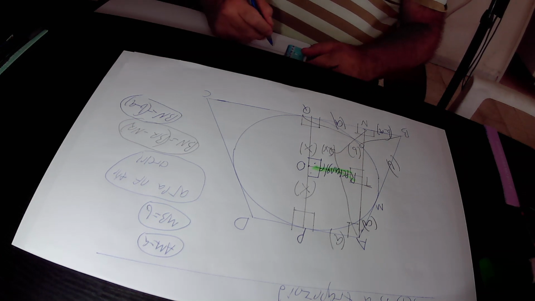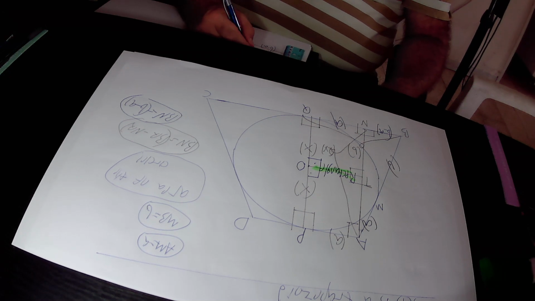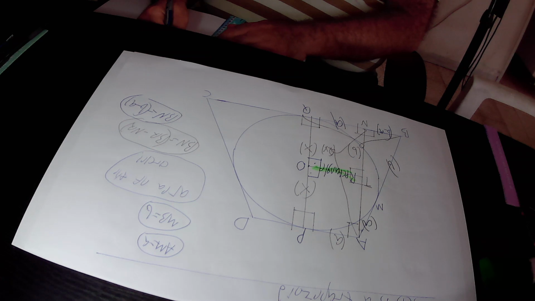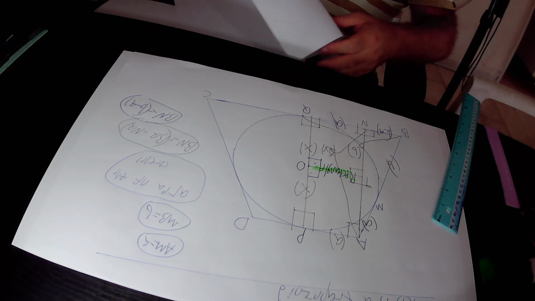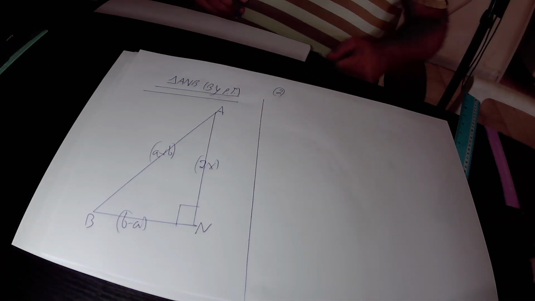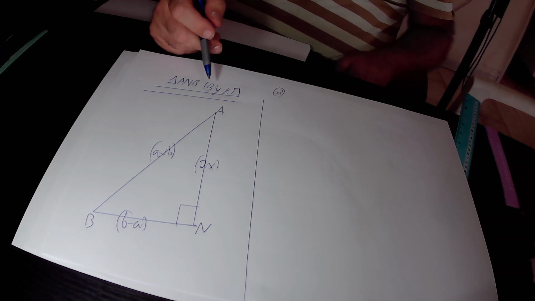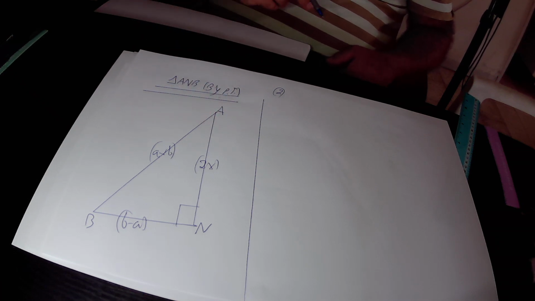Side NB equals b minus a units in its length. And the hypotenuse AB equals a plus b. This is the right triangle ANB in the original drawing. AB squared, that is the square of the hypotenuse, is equal to AN squared plus BN squared. So I write it down.